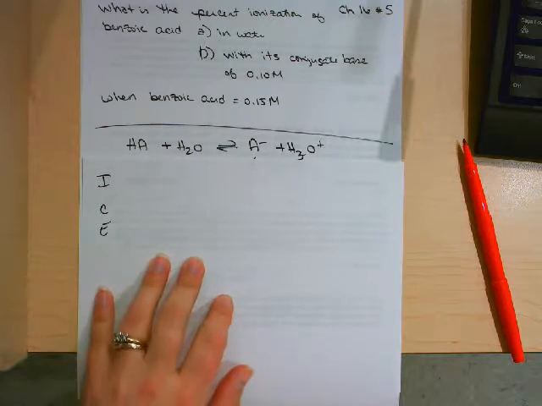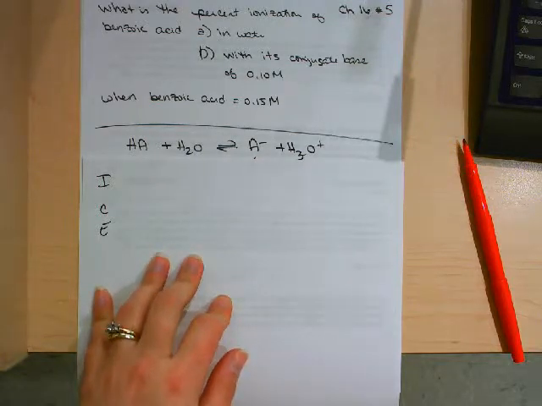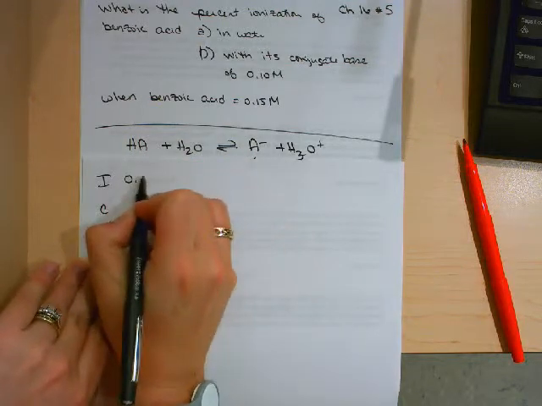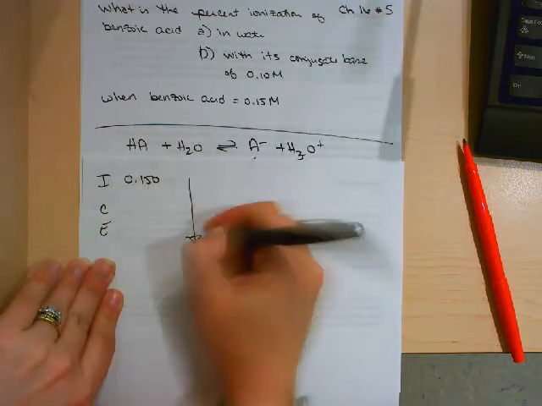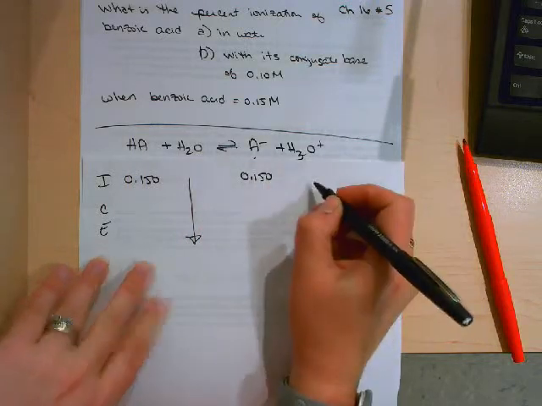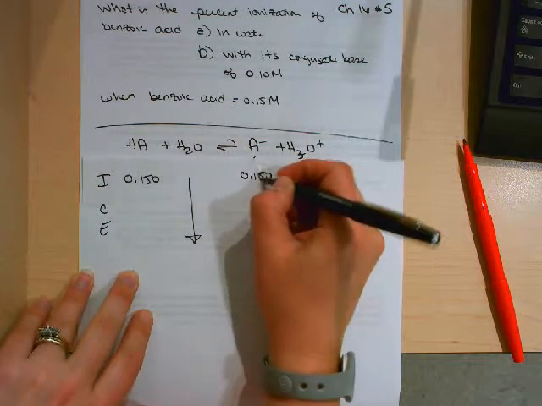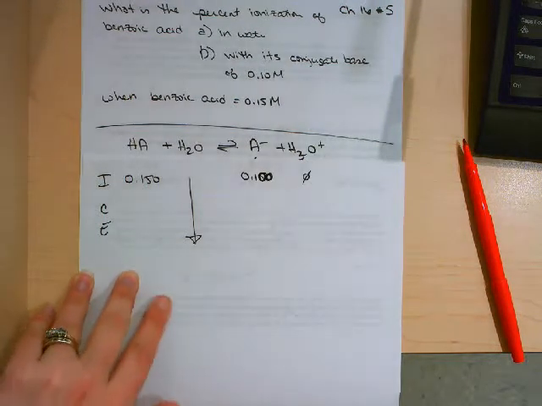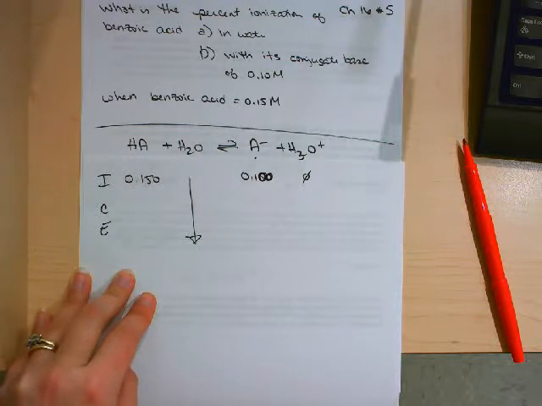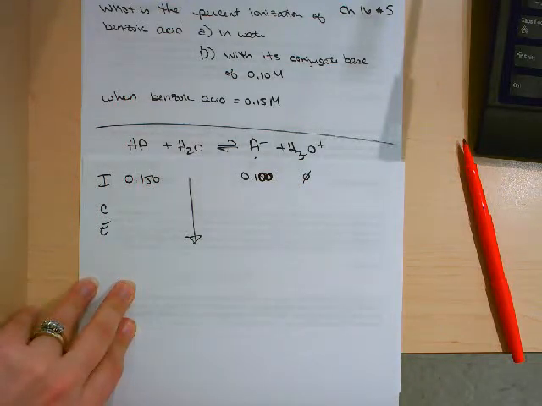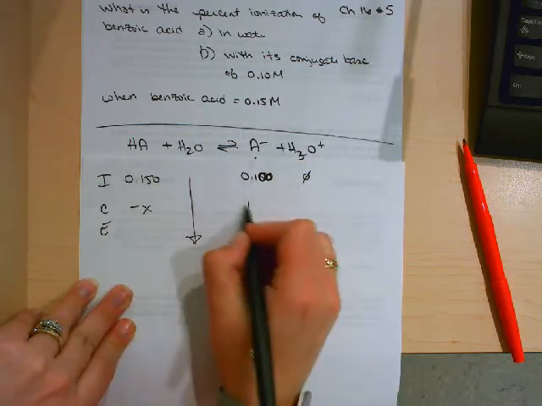Alright, so the reactants and products haven't changed, but now I have two things in there initially. So, right, I would still do minus x and plus x, plus x.